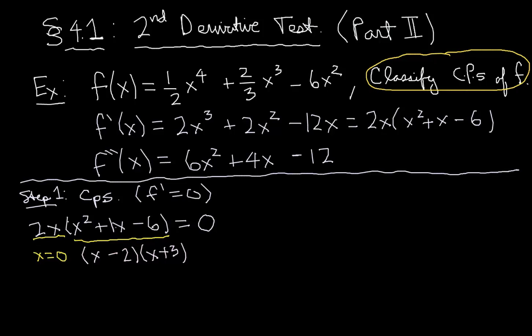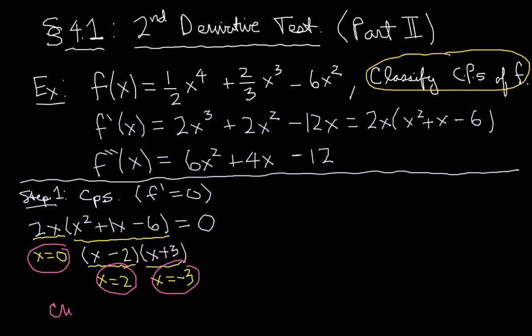And so if 2x times x minus 2 times x plus 3 equals 0, that means either x equals 0, or x is equal to 2, or x is equal to negative 3. And those are our critical points. Here we go. Circle them.